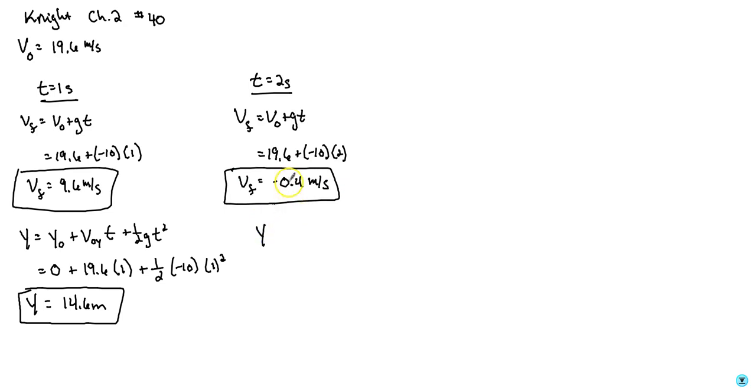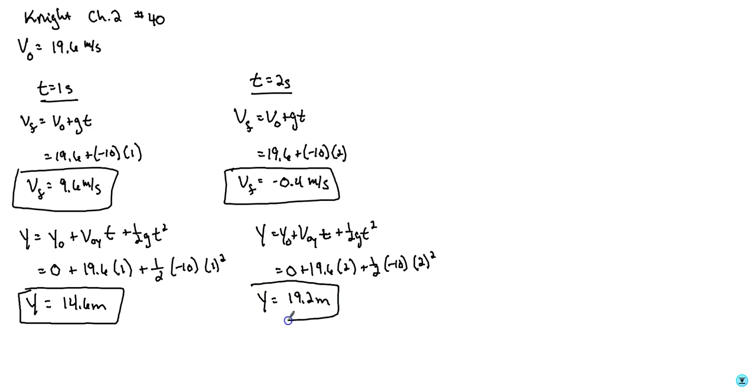And then again, y equals y sub o plus v sub o y t plus 1/2 gt squared. You get 0 plus 19.6 times 2 plus 1/2 negative 10 and now 2 squared. You get the height of the ball to be 19.2 meters above.